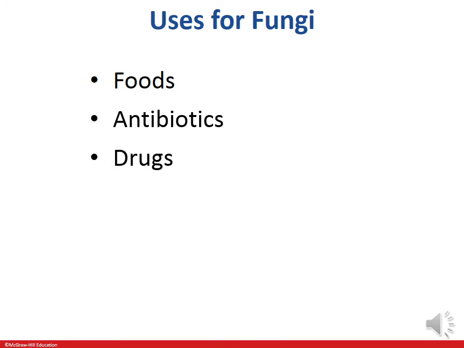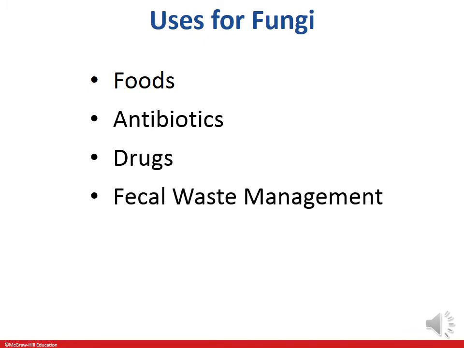So when people talk about magic mushrooms or shrooms, you're talking about two particular kinds of mushrooms that secrete toxins or contain toxins that can affect the human nervous system, right? So that's what they're talking about there. And then, of course, we talked about the fecal waste management, and biofuels are some really interesting ways that we use fungi industrially or just marketable products.